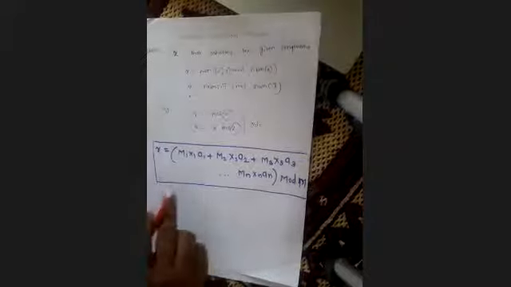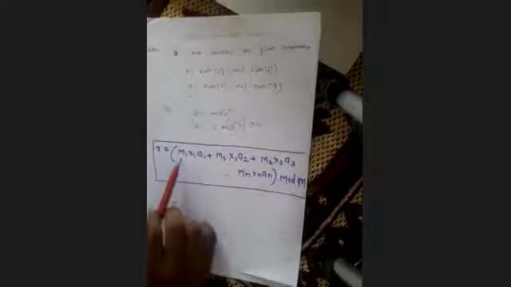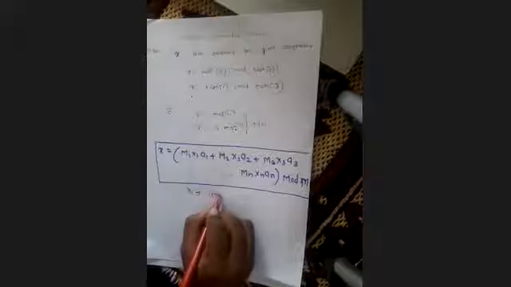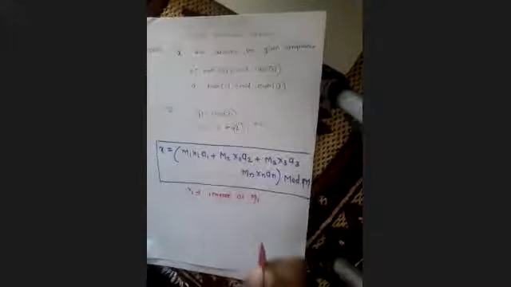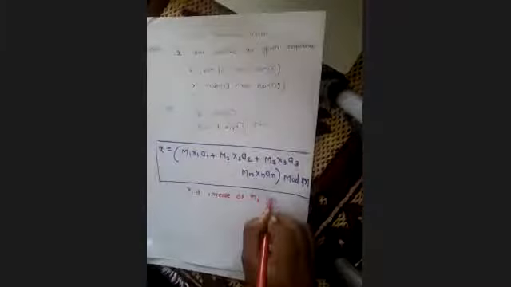And for this we require some more calculations to find out the value of m1 as well as the value of x1. Here x1 is nothing but the inverse of m1 with respect to small m1. I'm talking about x1.